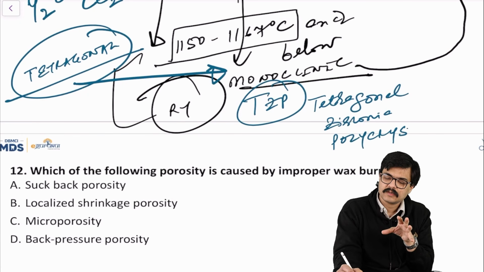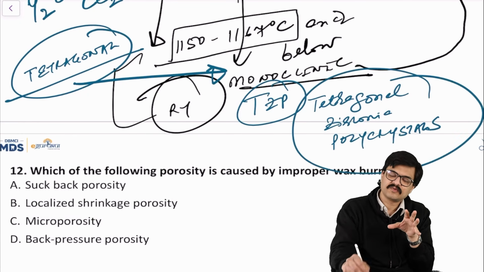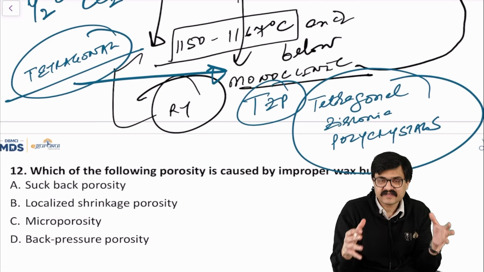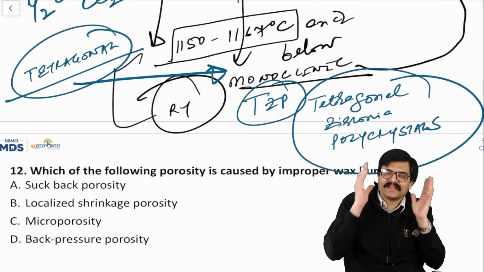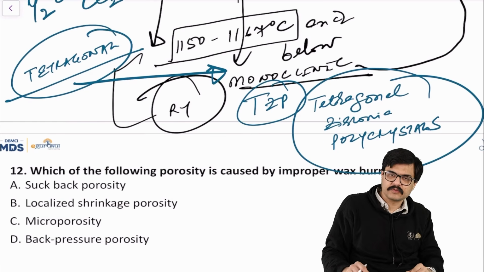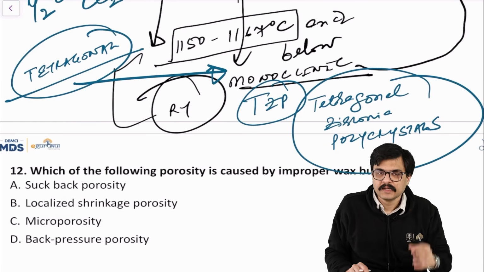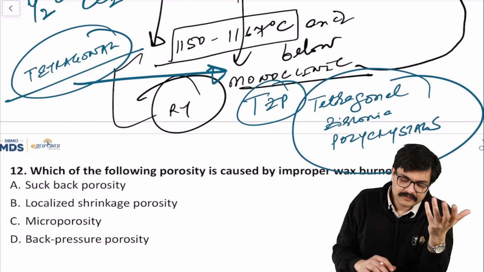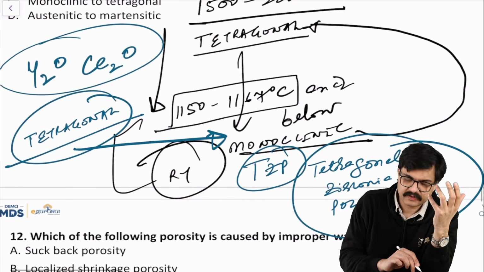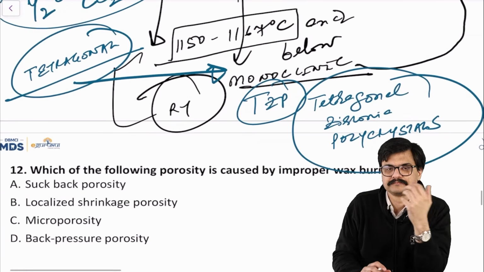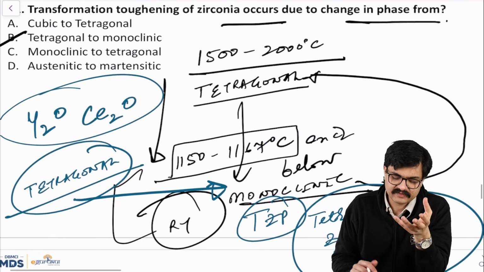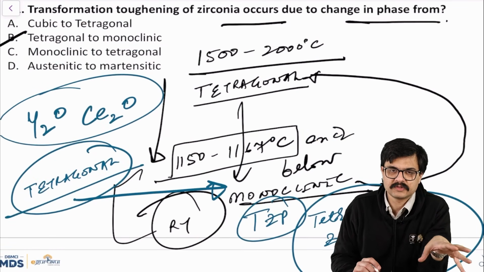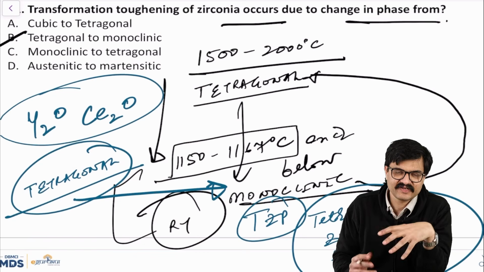Now this tetragonal phase is metastable, not very stable, because it's artificially created. It's not the natural tendency of zirconia. So I deliberately dope it with yttria and ceria, and I create this artificial condition. As soon as a crack develops on a crown, the tetragonal changes into monoclinic, increasing the volume.